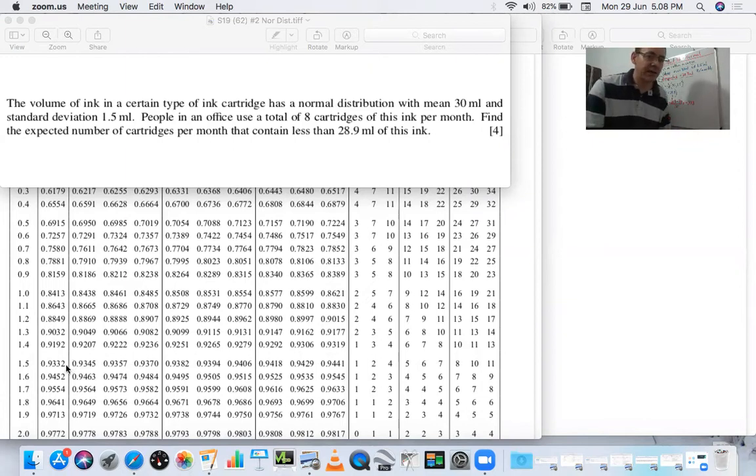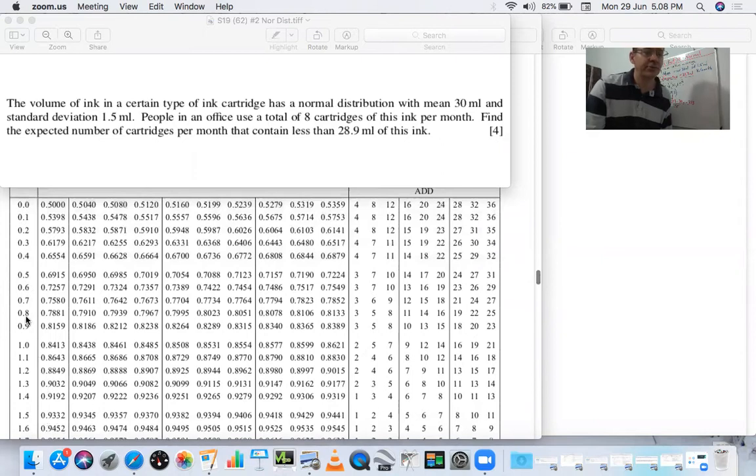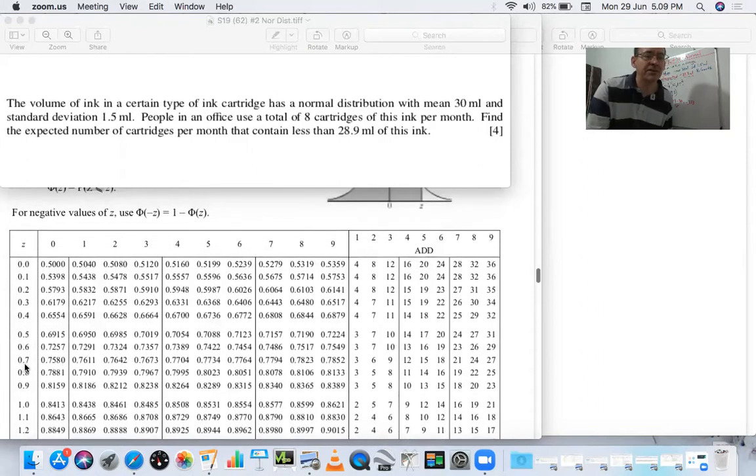So instead of looking up a negative 0.733, we're going to look up a positive 0.733. So here's a positive 0.7. Here's the 3 over here. So that gives us a 0.7673. So I'm going to write that down here, a 0.7673.